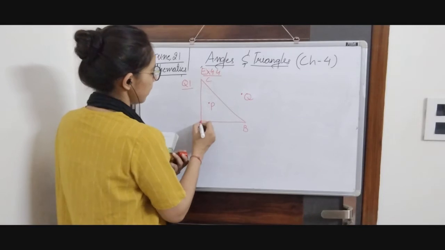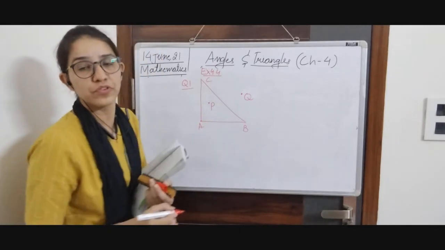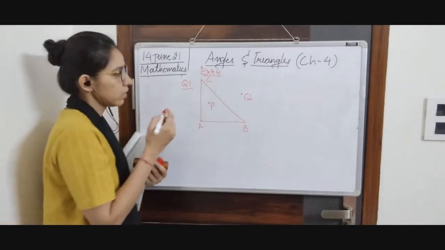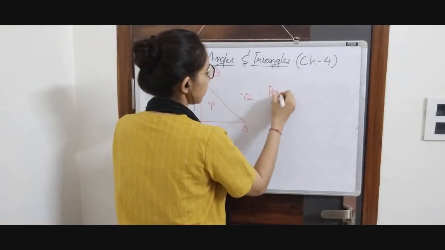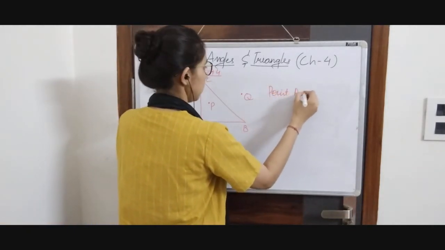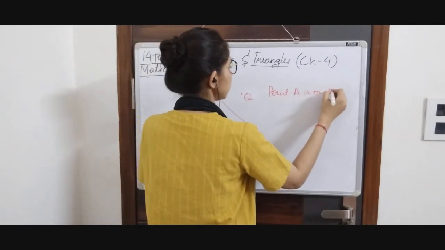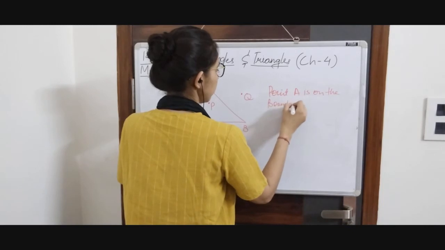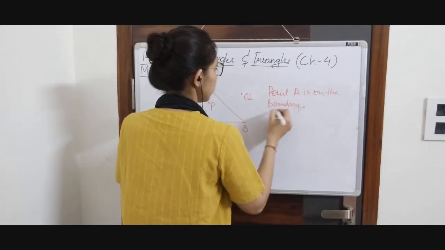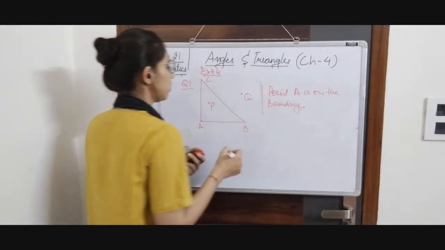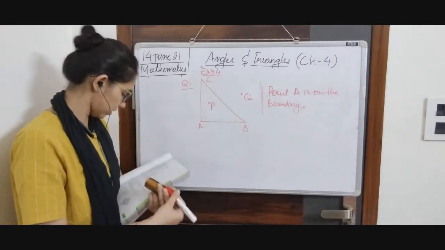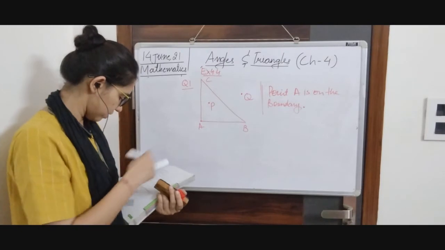Point A is on the triangle. It is neither in the interior nor in the exterior. So we can write point A is on the boundary. Okay, it is neither in the interior nor in the exterior. We can also say it is on the region, but this will be enough.